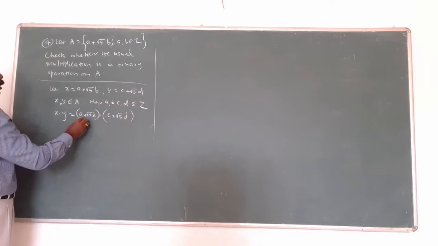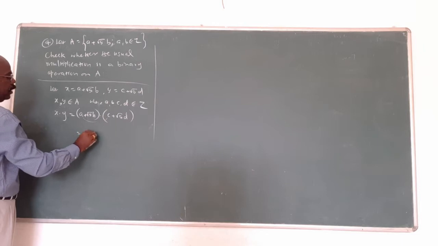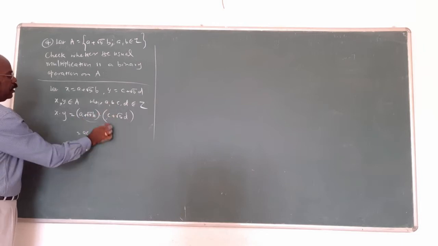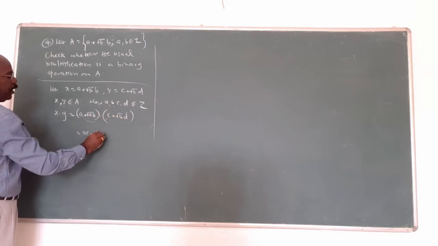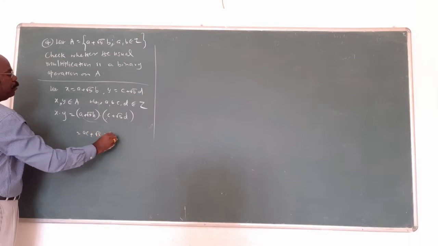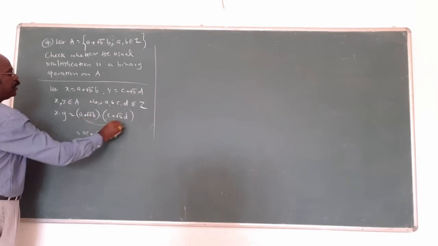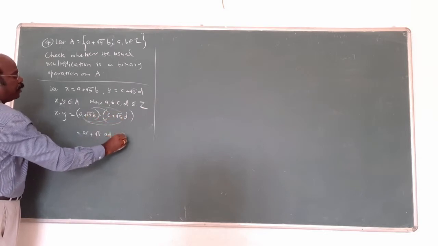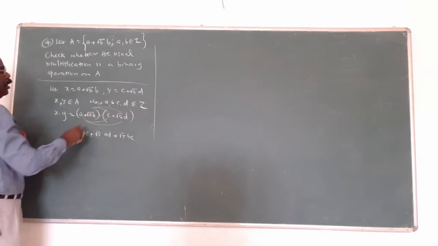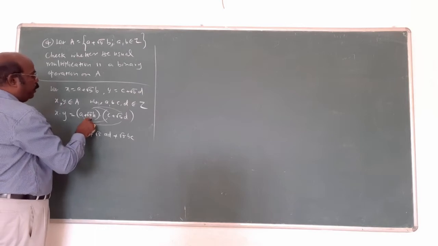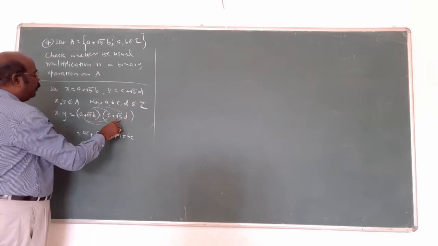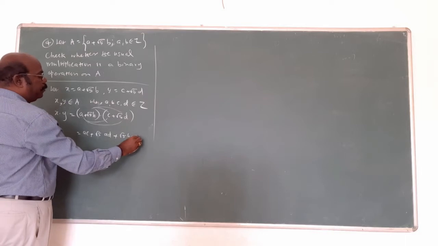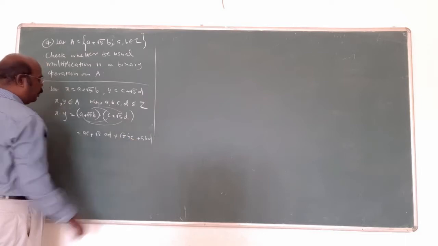Now multiply a with c, ac, plus a with root 5 into d, root 5 into ad. Plus here with here: bc root 5 into bc, plus root 5 into root 5, only 5 into bd.